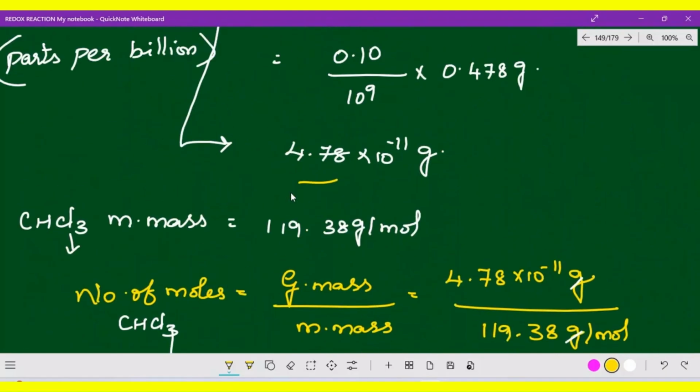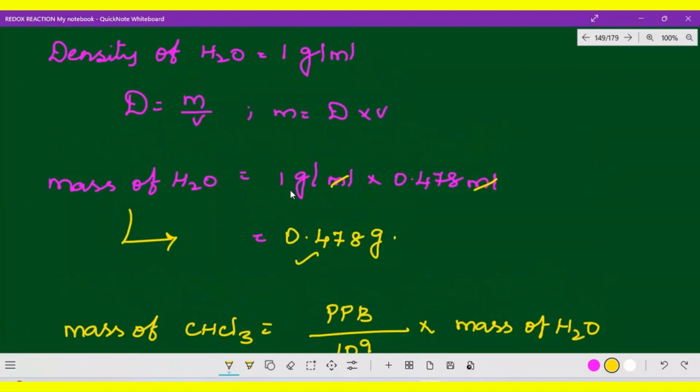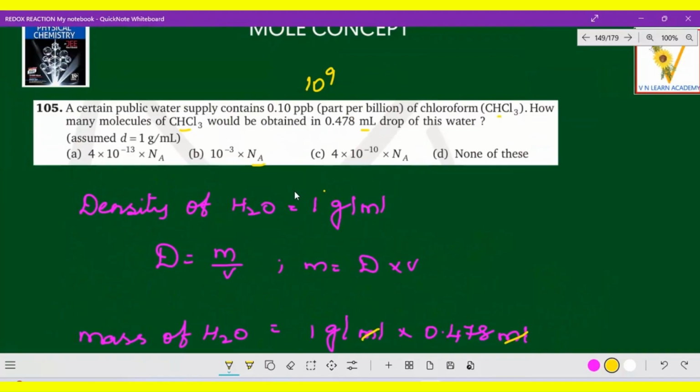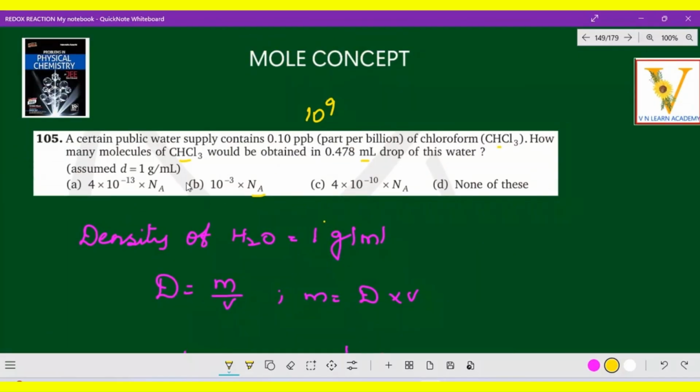Whenever you are going to find how many molecules are available, please hold Na, the Avogadro number. So 4.004 is approximately 4.4 into 10 to the power of minus 13 Na. I hope you got the clarity. Yes, this is the correct option. Option A is the correct option. Yes, come on, let's go to the next question.